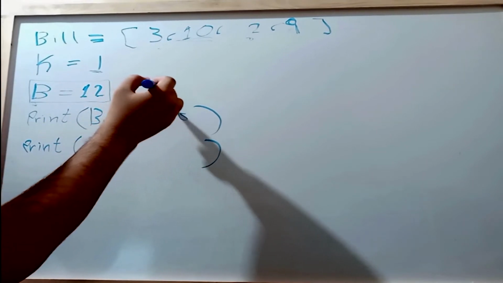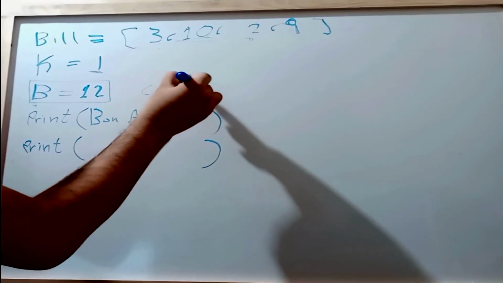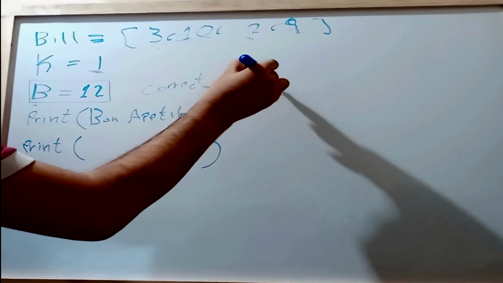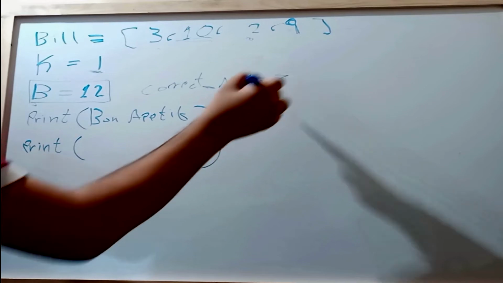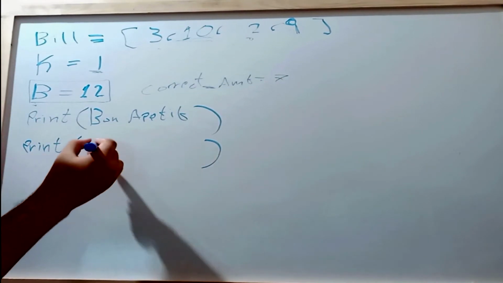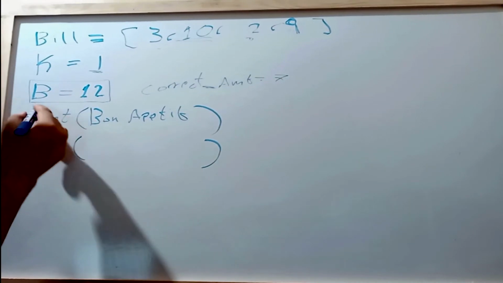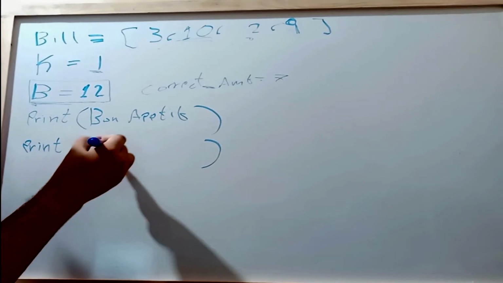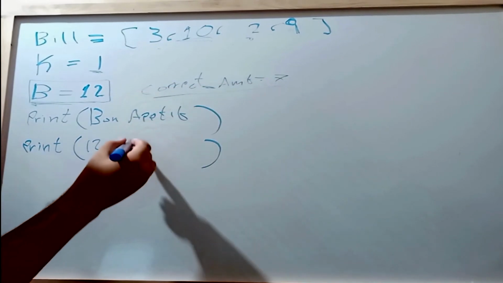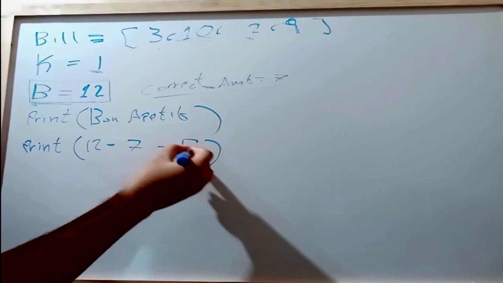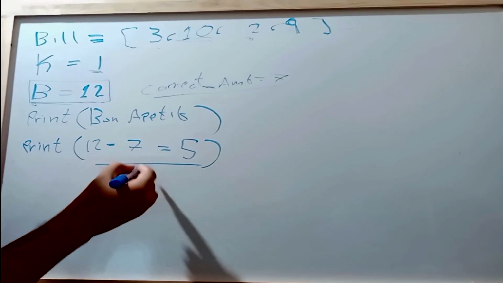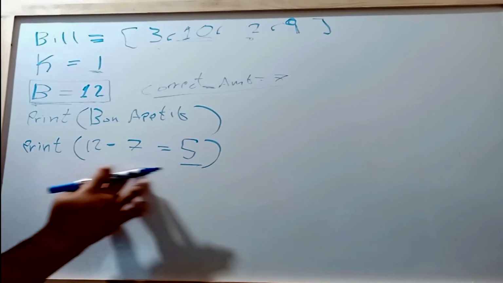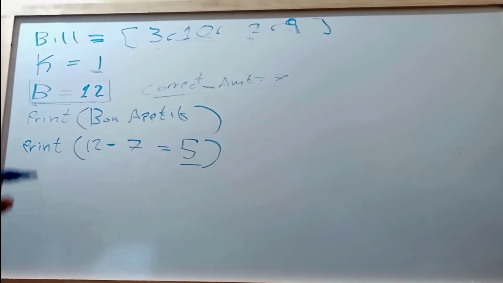So the correct amount should be 7. Here we should return the amount Brian charged Anna, 12, minus the correct amount, 7, which gives us 5. So we should print $5.